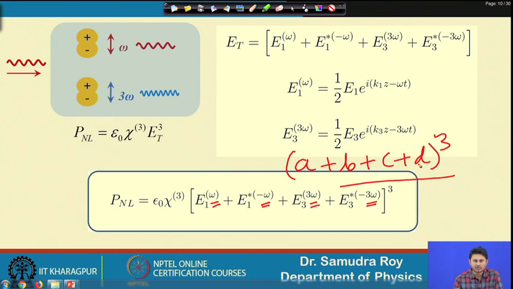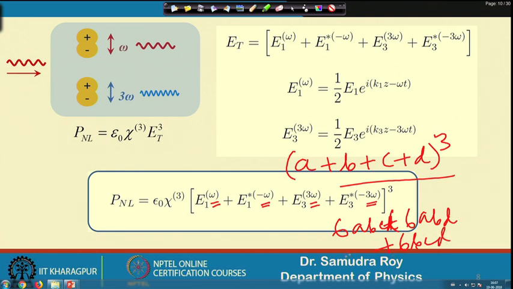All the combinations will be there, and also one more combination, which is 6 ABC plus 6 ABD plus 6 BCD. This kind of component is there.